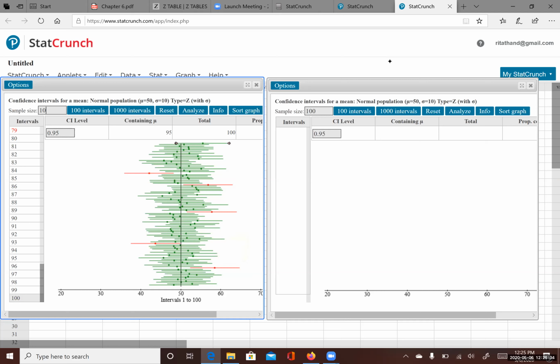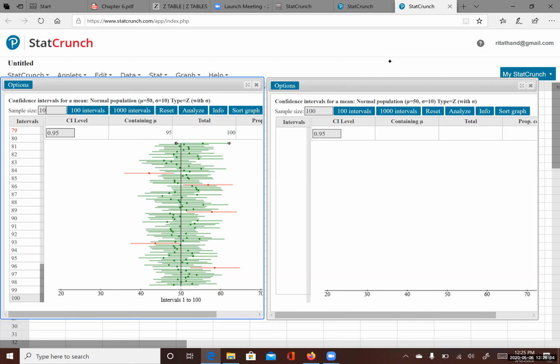In each bar, you have a green dot, which is the sample mean of that sample. The left point is the lower bound of the confidence interval, and the right point is the upper bound.